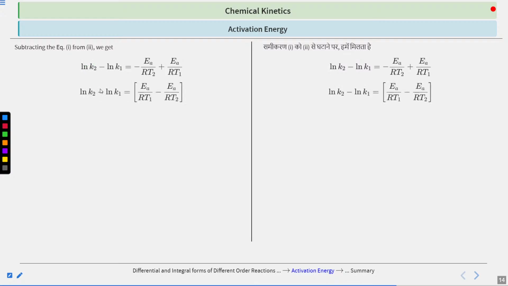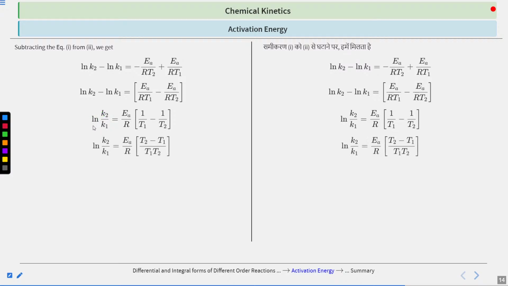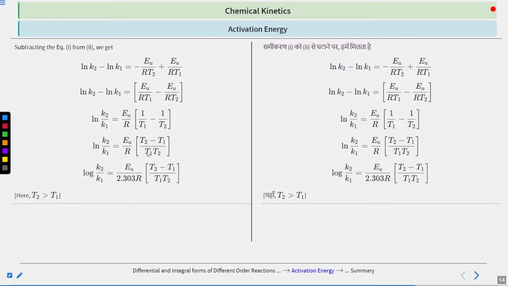If you just simplify this further, you will get the final equation as ln k2 by k1 is equal to Ea by R (1 by T1 minus 1 by T2). So further, you can simplify it if you want. Now, here one thing to be noticed is that we have taken T2 greater than T1.